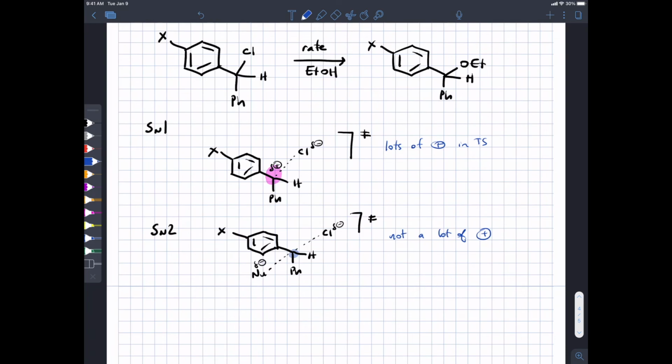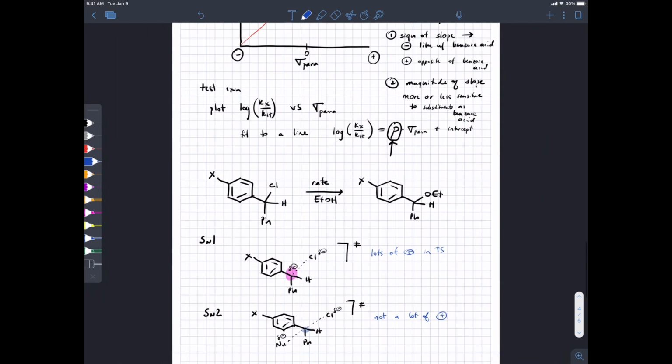Okay, so let's think through these two major points. The sign of the slope for the Sn1 reaction. Remember, for the benzoic acid reaction, the slope is positive, and that's where electron donating groups make the reaction less favorable.